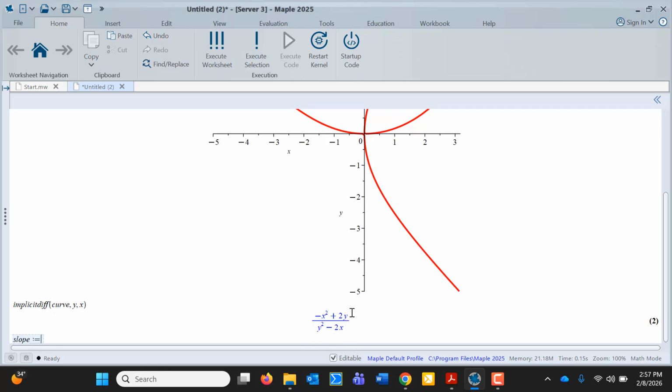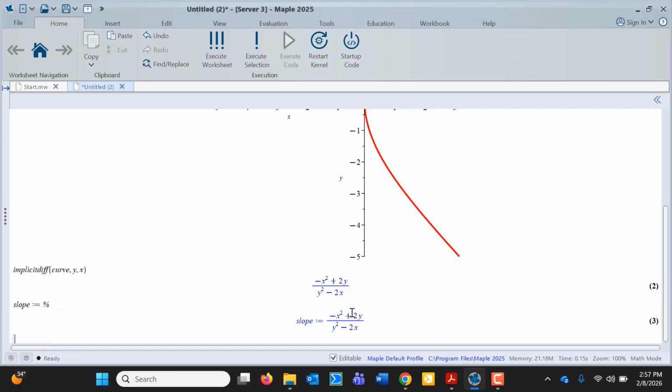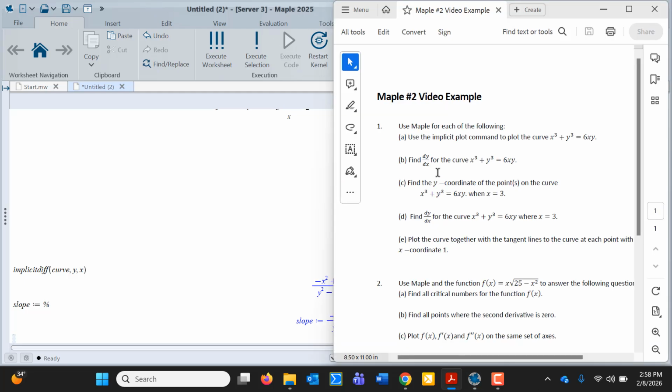And the command in Maple to get whatever that last answer was is the percent symbol. So just hit percent, and if you hit enter, it's now defining the word slope to be this derivative expression. Okay, all right, so we have now done part B.